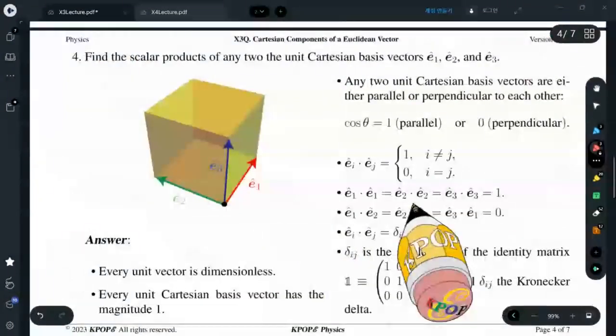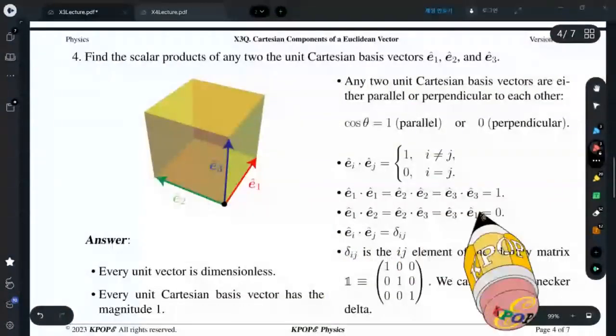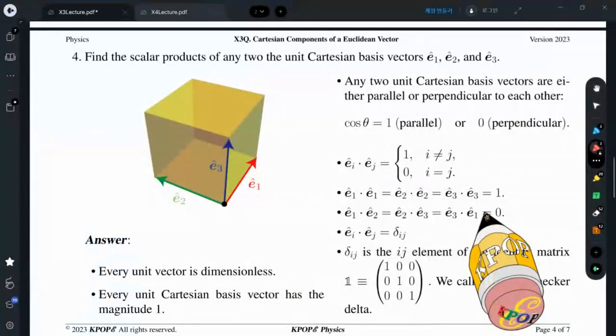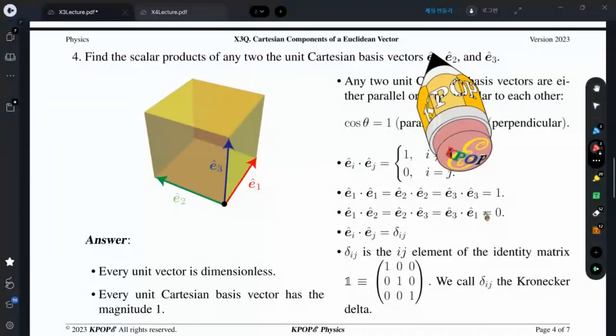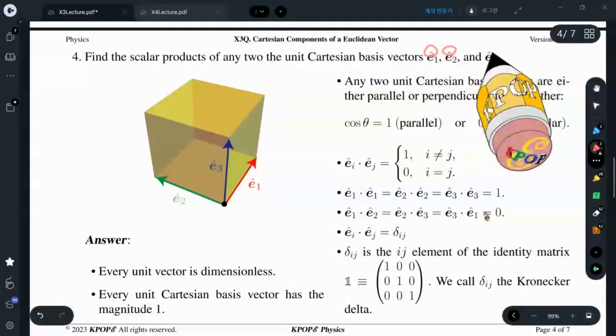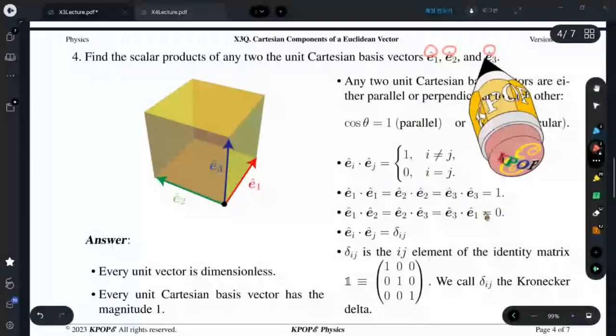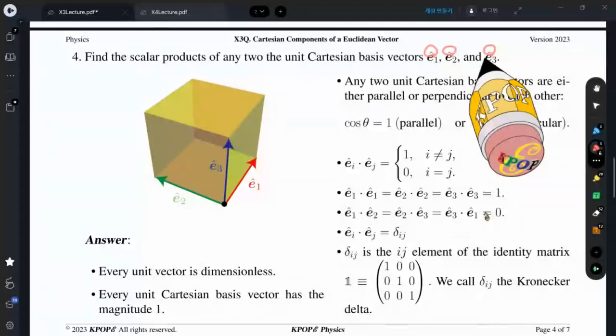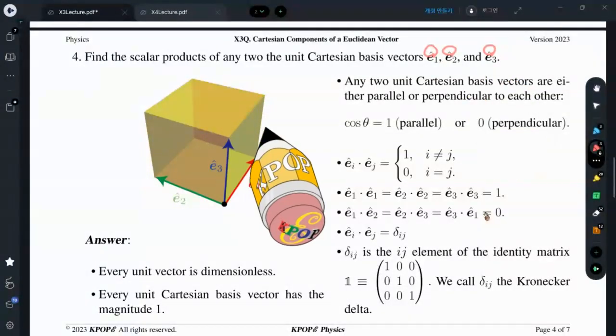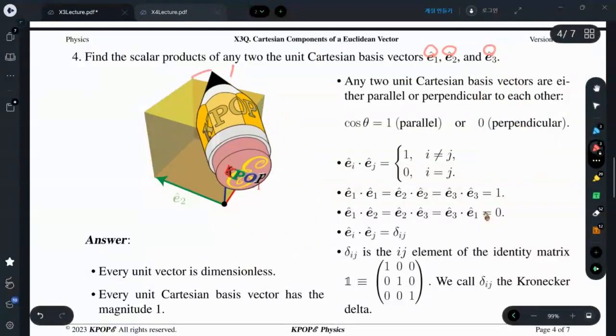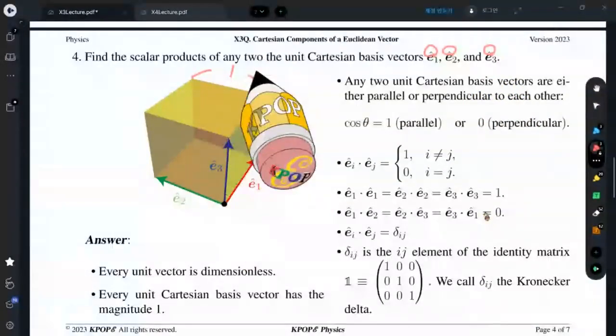Okay, number 4, Cartesian basis vectors E1 hat, E2 hat, and E3 hat. Because they have hats, the magnitude of every Cartesian basis vector is 1. In addition, it is a unit cube: every side has length 1.